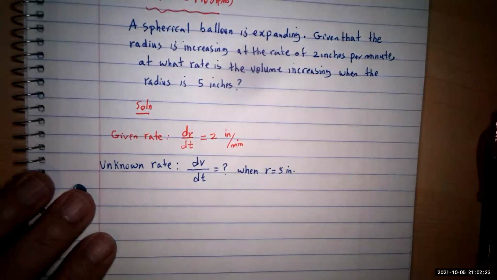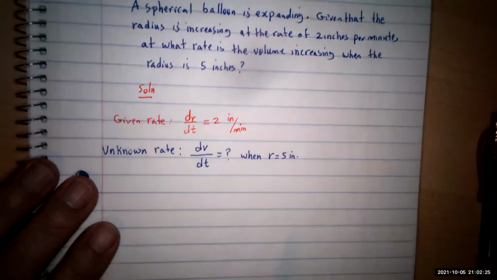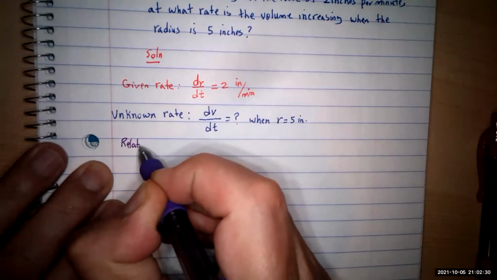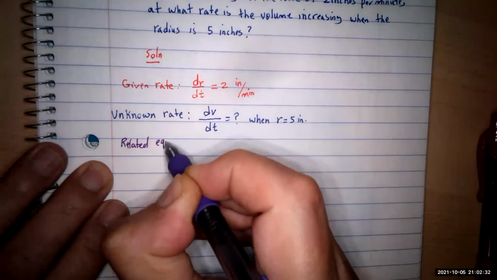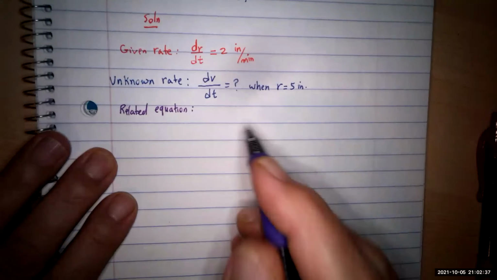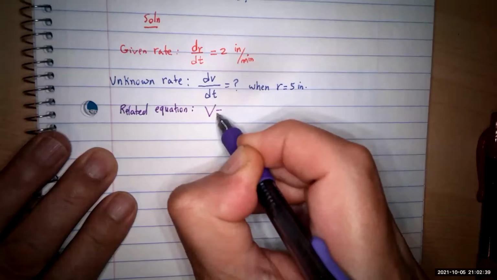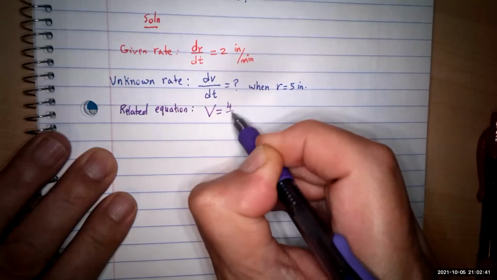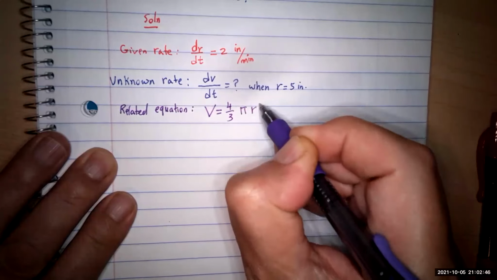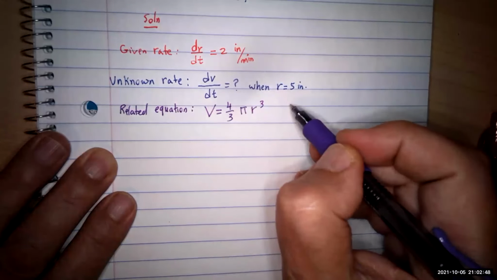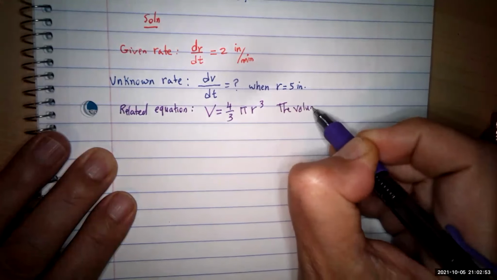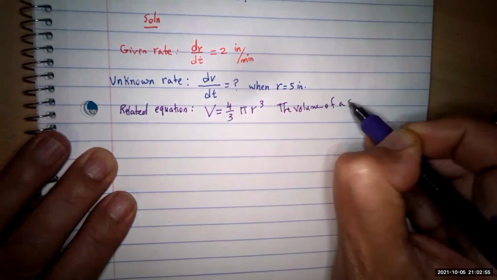If it's on the test, we give you that formula, but what equation do you have to differentiate? The volume of a sphere is a famous formula: V equals 4/3 pi r cubed.